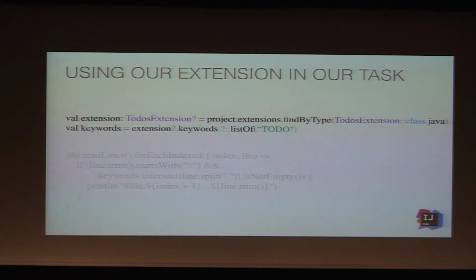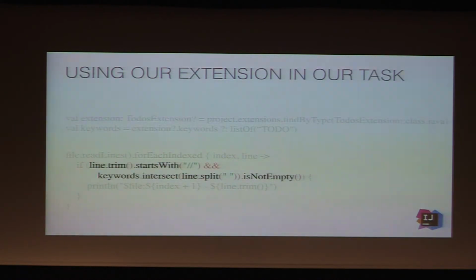In case someone gives keywords that are null, I want to have at least todo, so I have a default value of todo. And we change the main code of the task to go through every line. Now I need to separate the words, and I do an intersection between the keywords that are sent and all the words of a line. This gives me an array of the common words in a line, and if it's not empty, meaning there's a comment there, I can print it.